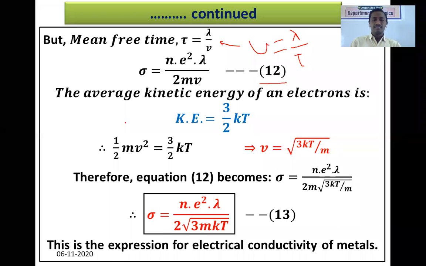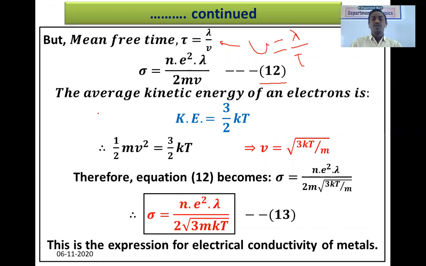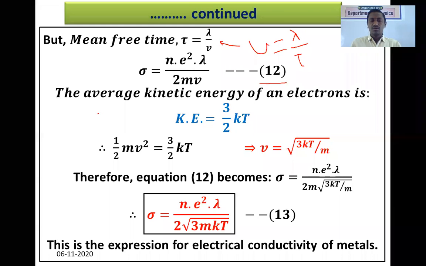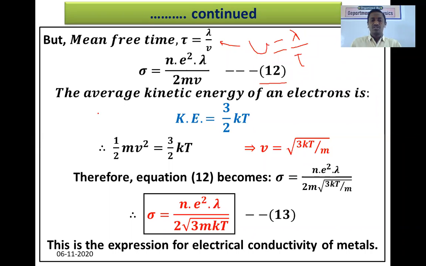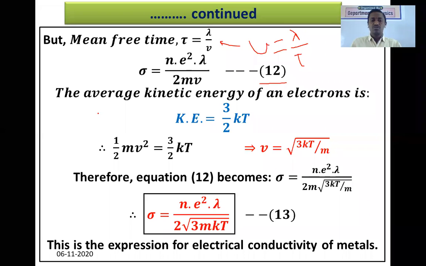Again we know the average kinetic energy of an electron is KE equals 3 by 2 kT, where k is the Boltzmann constant and T is the temperature in Kelvin, that is, the absolute temperature.